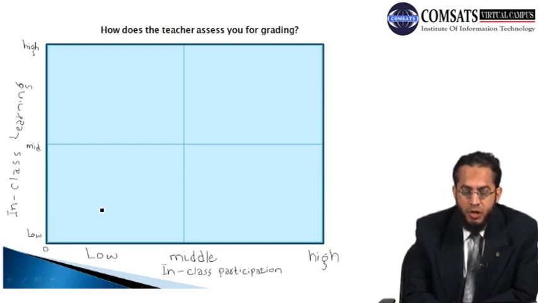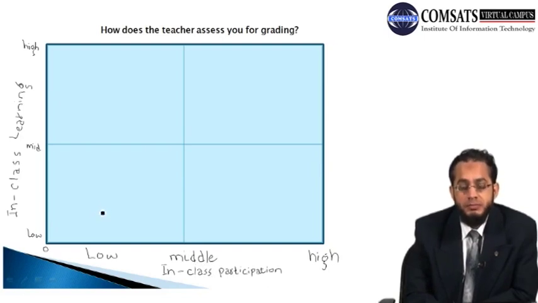Anyone who is lying in this quadrant won't be feeling happy, because this quadrant tells you that your participation is weak, because your learning is weak. So anyone who is falling in this quadrant would get not a good grade, but probably a bad grade. अगर हम यहाँ पे लिख देते हैं कि that person is falling here to get a D grade.